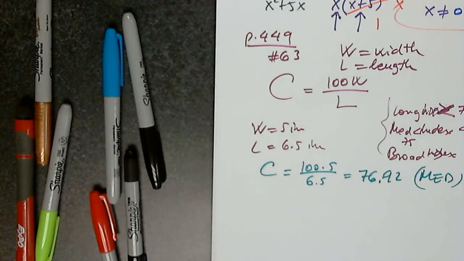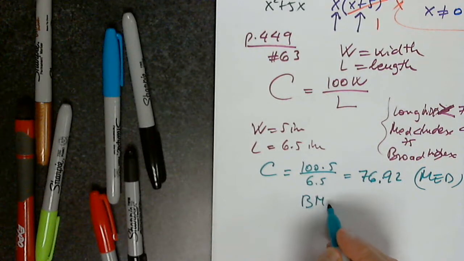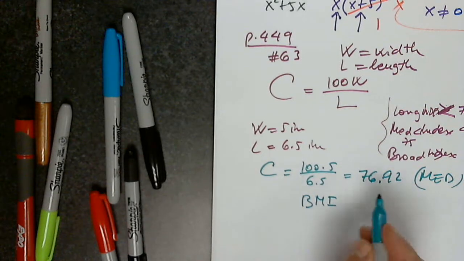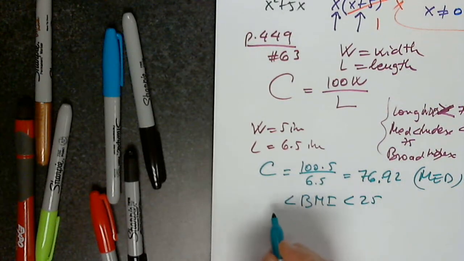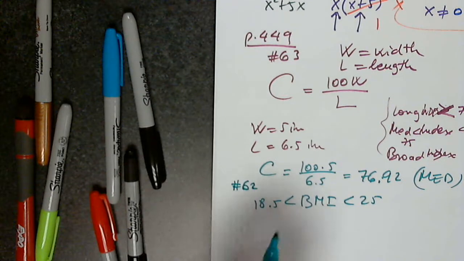Good. So let's look at one more. Calculating body mass index is a way to gauge whether a person should lose weight. Doctors recommend that body mass index values fall between 18.5, and this is problem 62 on the same page.